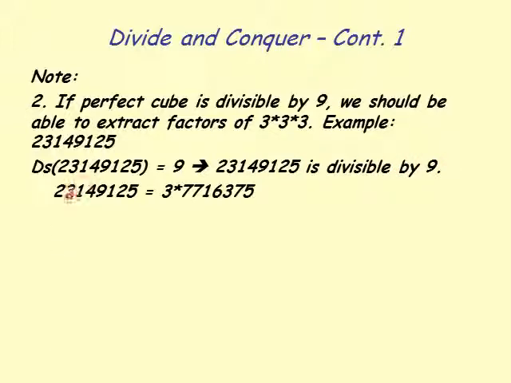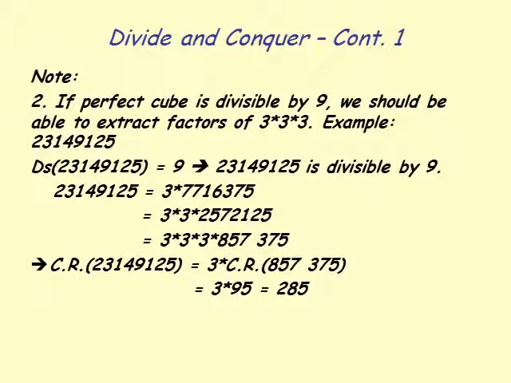So 231492125 is 3 times that number, 77164041.7. Then another 3 times 3, another factor, then another factor, 3 times 3 times 3 times 857375. Then make cube root of it, and we got 3 outside, and cube root of 857375.